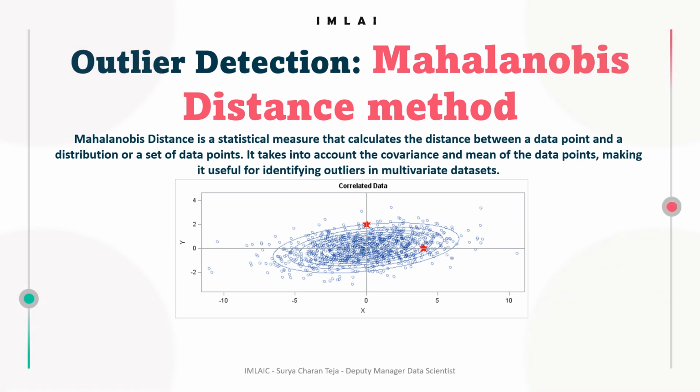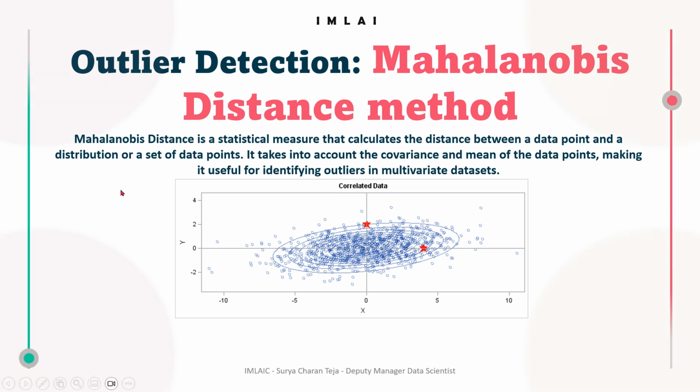Okay, so now in simple terms, Mahalanobis distance measures how far a data point deviates from the mean of a data set. That's it. How far a data point deviates from the mean of a data set, taking into consideration the correlation between variables. It accounts for both the spread, variance, and orientation of the data points.